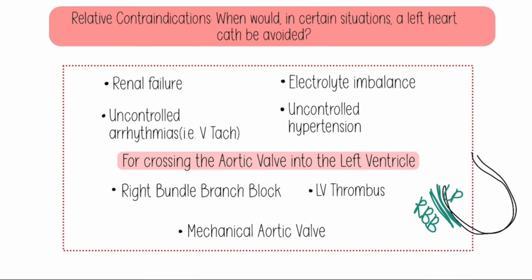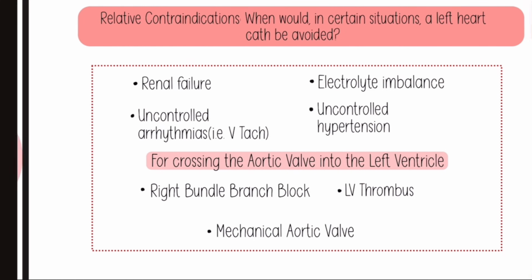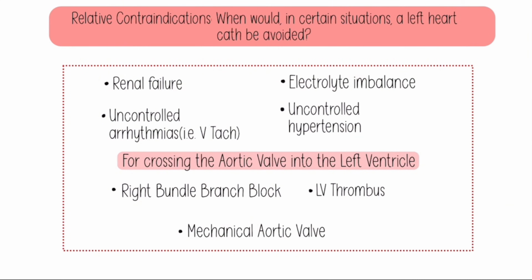If they already have a right bundle branch block and we put a catheter in the left ventricle, and I knock out this bundle branch, transient or not, they end up with complete heart block. So that's important to bring up to the physician if the patient has a history of that or presented with that, so that they know. And if we are doing a procedure that involves being in the left ventricle for a while, we might put in a temporary pacemaker to be able to proceed.